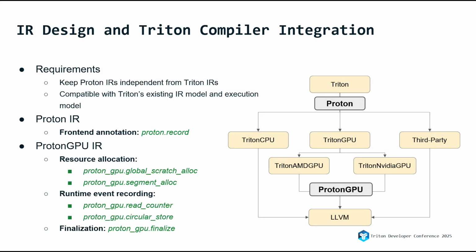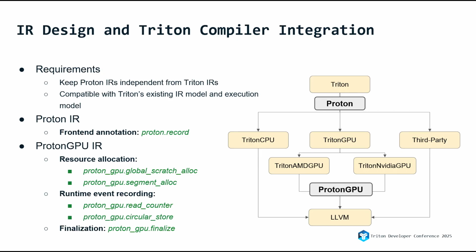So how do we design this? We have two requirements. The first is we want to keep the Proton IRs independent from Triton IRs for isolation and maintenance purposes. Second, we want it to be compatible with Triton's existing IR model and execution model. So we introduced two dialects, the Proton dialect and the Proton GPU dialect.